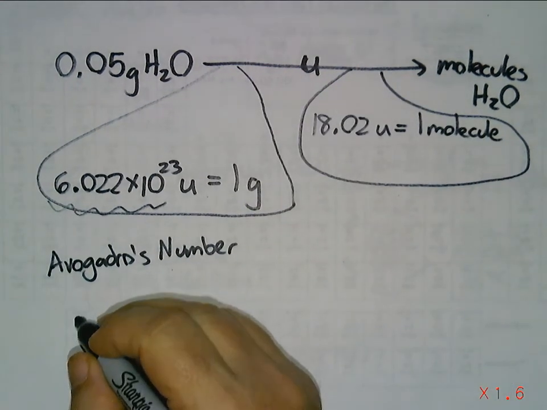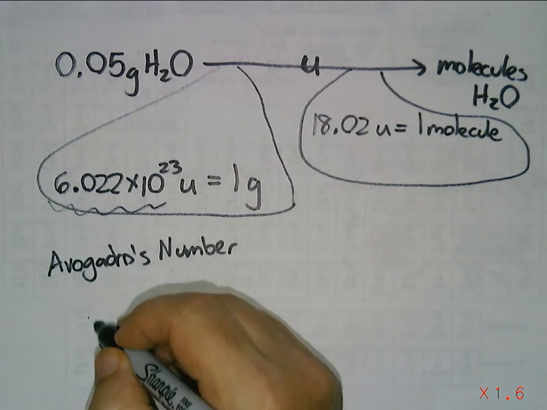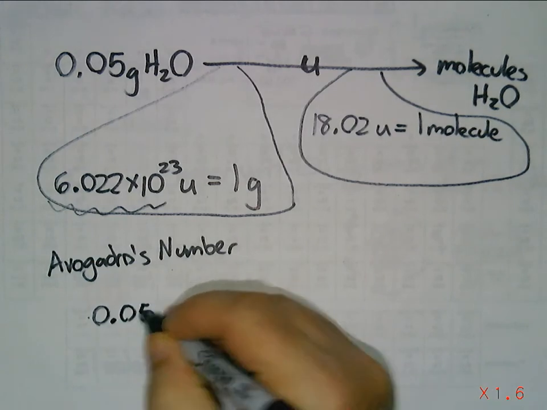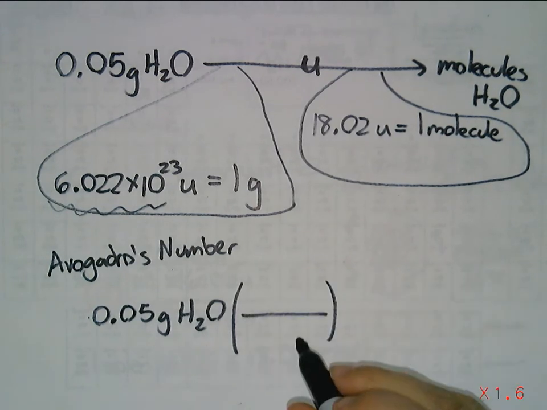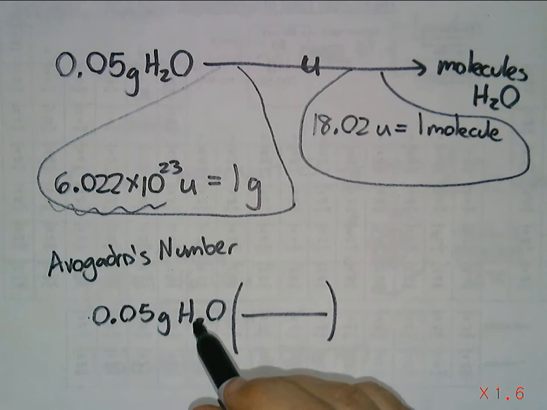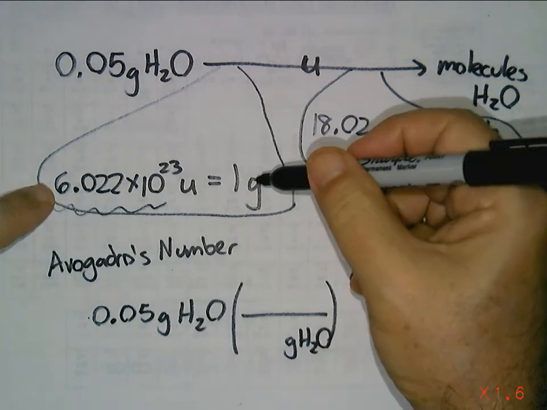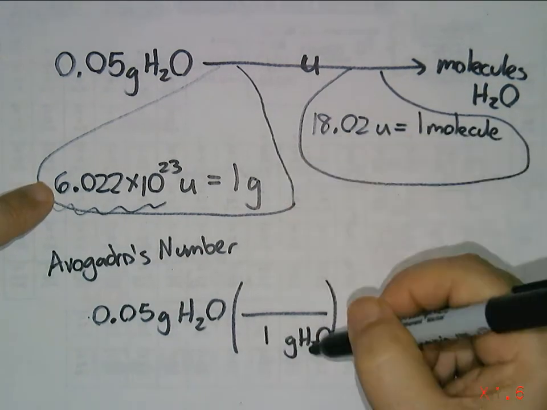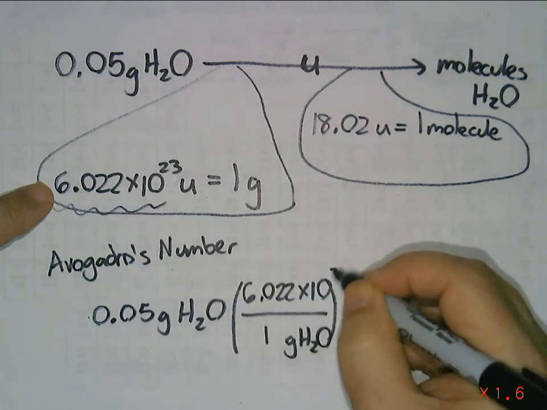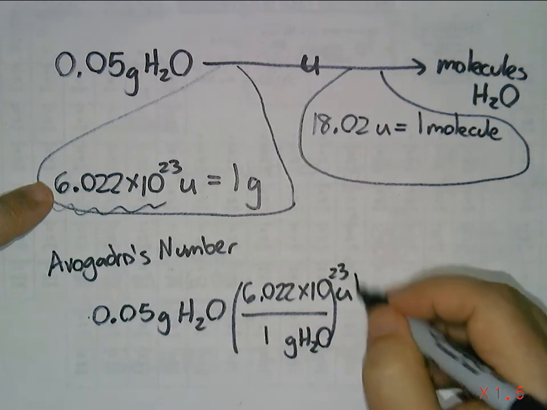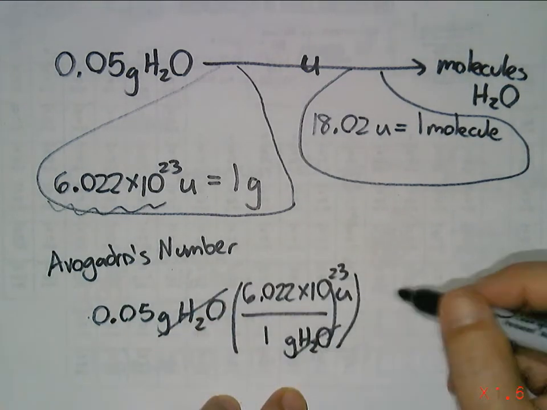So to finish the problem, I have all of my conversion factors listed. I need to just turn them into fractions, right? What has to go down here? Okay, well, I want to get rid of grams of H2O. So grams of H2O has to go down there. And I'm using this link. 1 gram of H2O is 6.022 times 10 to the 23rd U. That gets rid of grams of H2O.